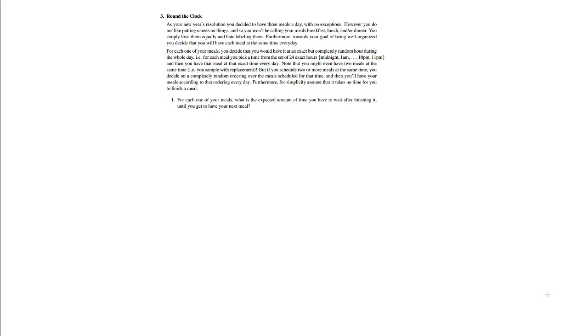One way to approach this problem is to try and compute the expectation directly from the probability distribution of the wait times.